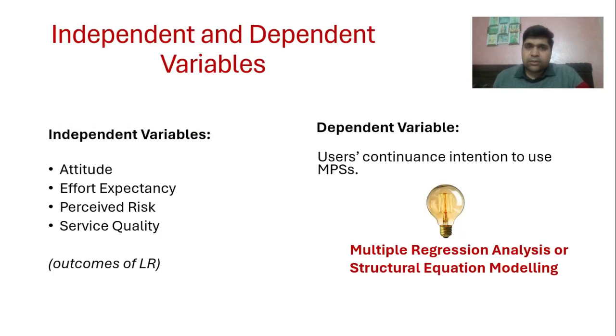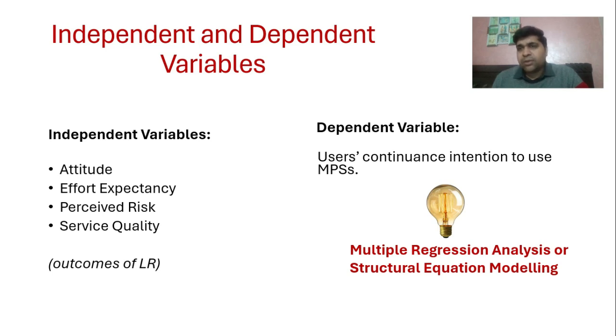Coming to the next part, independent and dependent variables. This is very important before you design your objectives. First, check both types of variables. If we go to the literature, research gap, these are all connected with each other. Everything is connected with each other. I'll show you. Now, what are the independent variables?